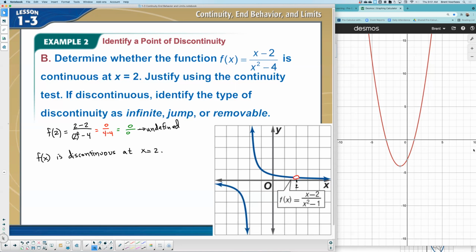This is removable. So we have a removable discontinuity at x equals 2.